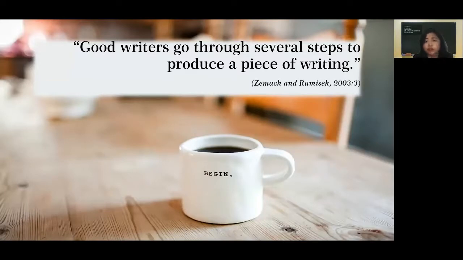Good writers go through several steps to produce a piece of writing. Let me underline several steps. It's not a step, but several steps to produce a piece of writing. You cannot write just once to get a good piece of writing.